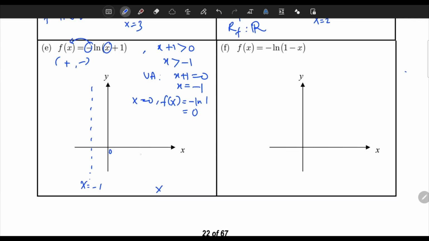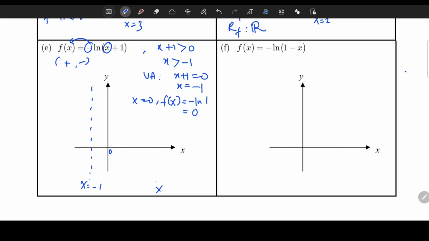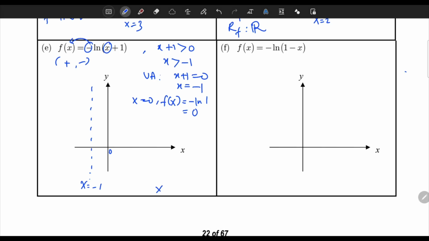So now the graph would pass through the origin. So let's do it. Okay. Something like this. Alright, so domain of f greater than negative 1. So meaning negative 1 to infinity. So range of f will be real numbers.